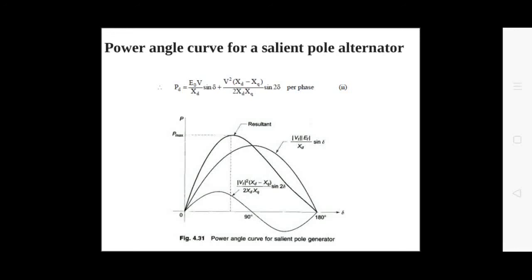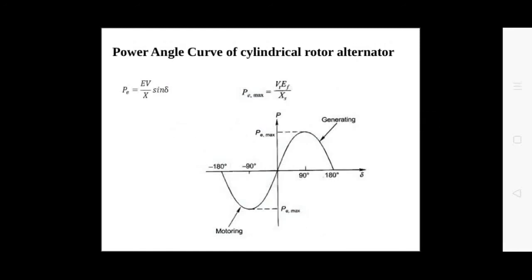Now coming to the cylindrical pole alternator or cylindrical rotor alternator, we have the power equation PE equal to EV by X into sin delta. The second term is absent here because the second term shows the saliency, or the power developed due to the salient poles, in other words the reluctance power.